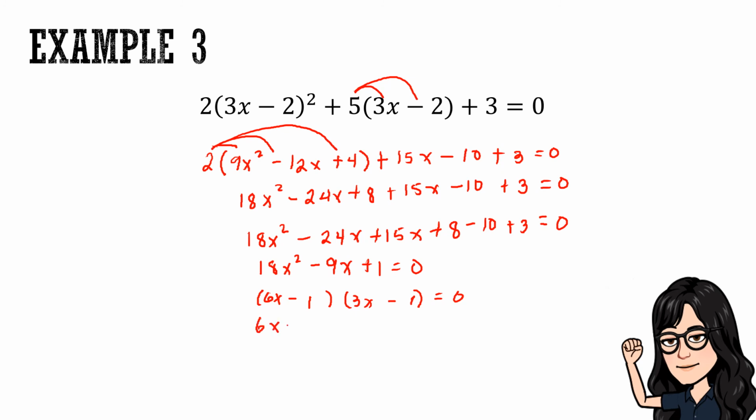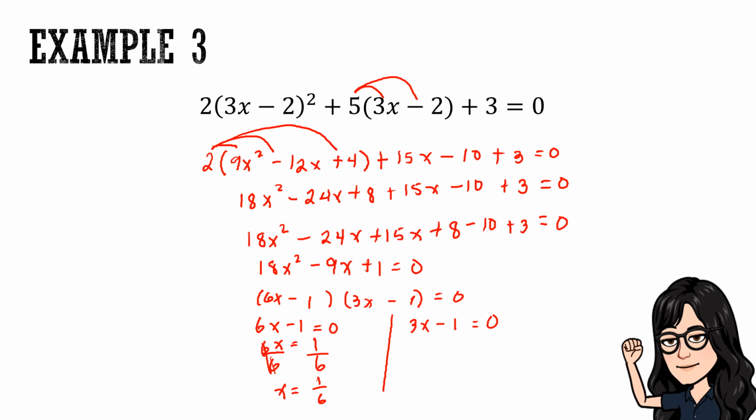So we have 6x minus 1 equal to 0 and 3x minus 1 equal to 0. Let's move negative 1 to the other side of the equation by the addition property of equality. That's why we have 6x equals positive 1. Let's eliminate the numerical coefficient of x, which is 6, by dividing both sides of the equation by positive 6. That's why the value of x is equal to 1 over 6.